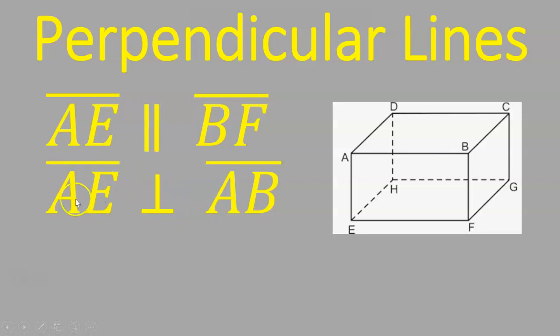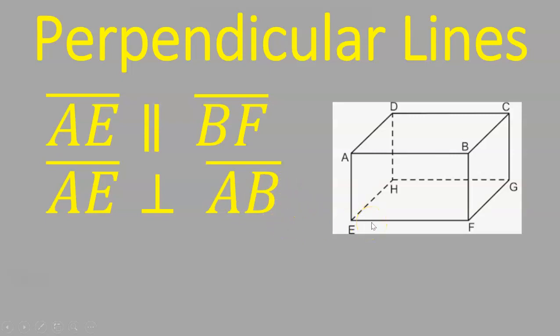So we read this line segment AE is perpendicular to line segment AB. And you can see that here. Now we assume that those are right angles. They're not actually marked, but we assume that it's a right angle here. Line segment AE and line segment AB. Can't always assume, but we will for this picture, just for illustration purposes.